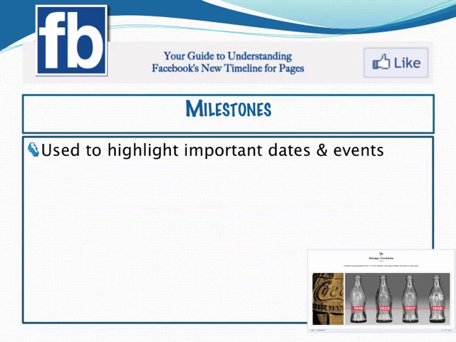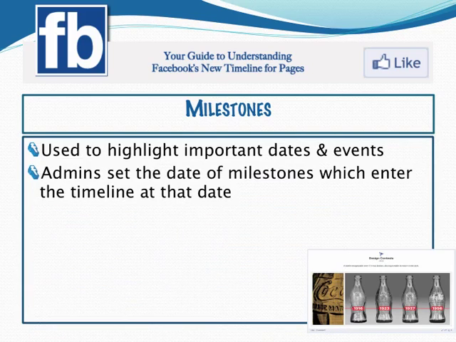The other one is Milestones. Now, milestones are used to highlight important dates and events. Okay, the admins are the ones that can set the milestones, and they enter that date on the timeline. And you're able to go back years.